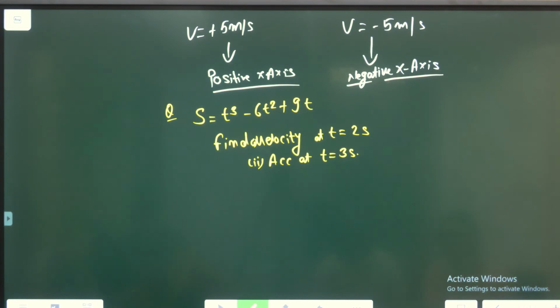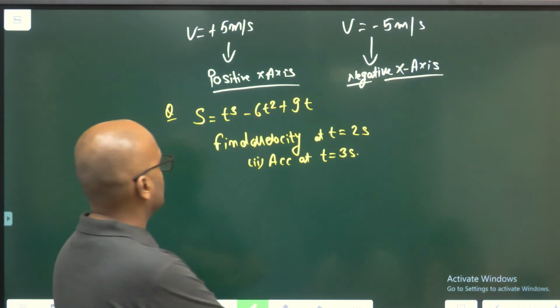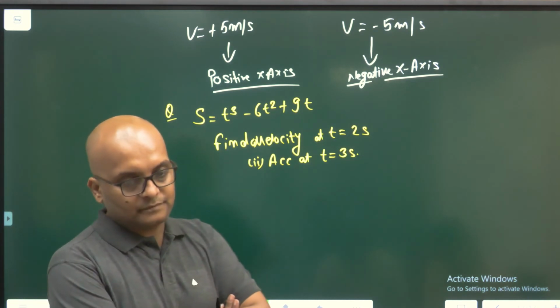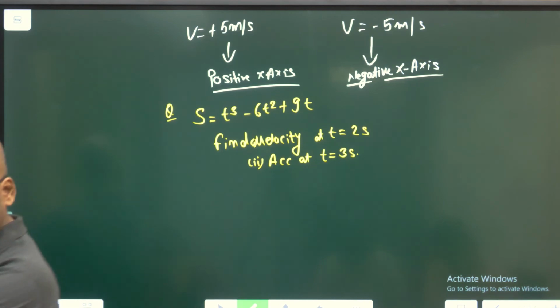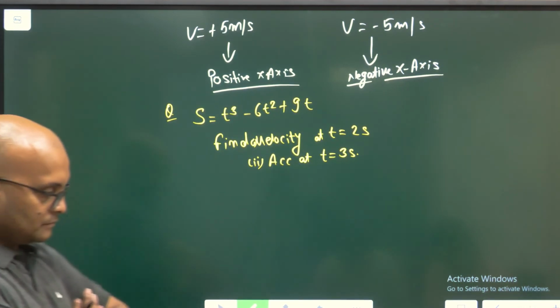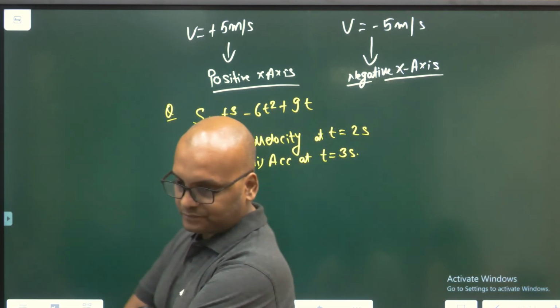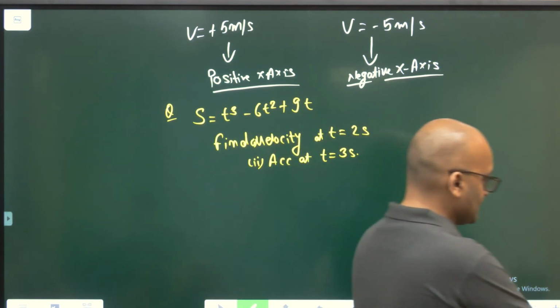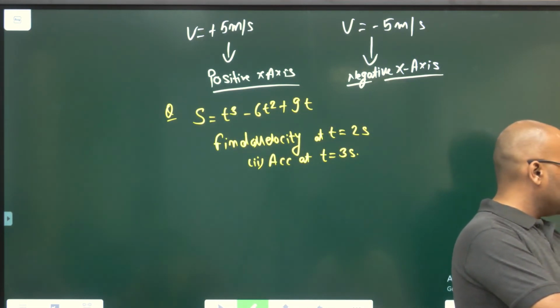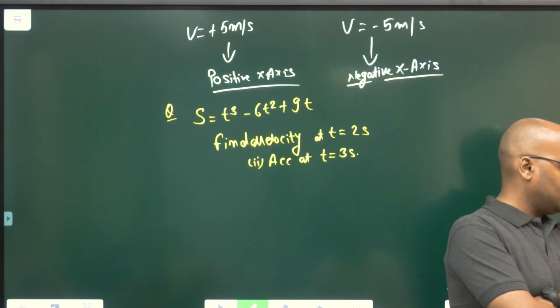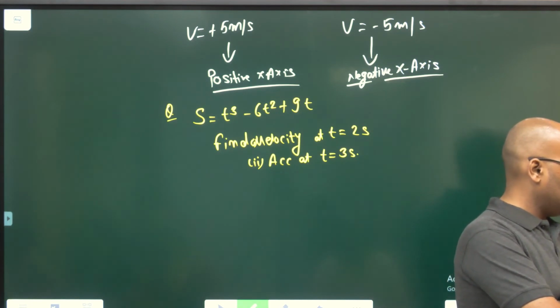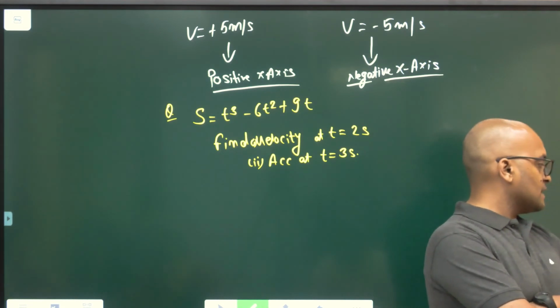I'll have to solve here. Yes, Shireen, what is your answer? So velocity will be 17 meter per second and acceleration is 6 meter per second square.